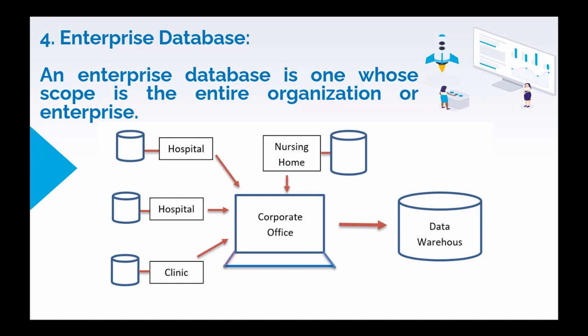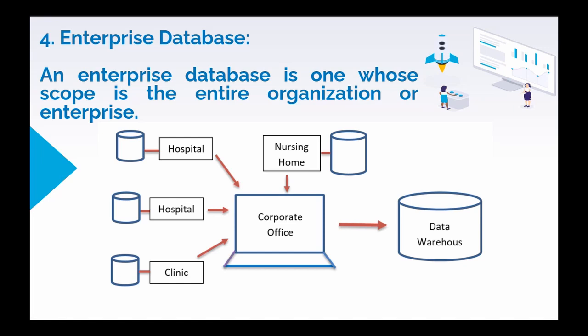You have hospital databases, clinic, nursing home, and then the corporate office. That would be the DBMS, and it would store that in a data warehouse. Such databases are extended to support organization-wide operations and decision making.